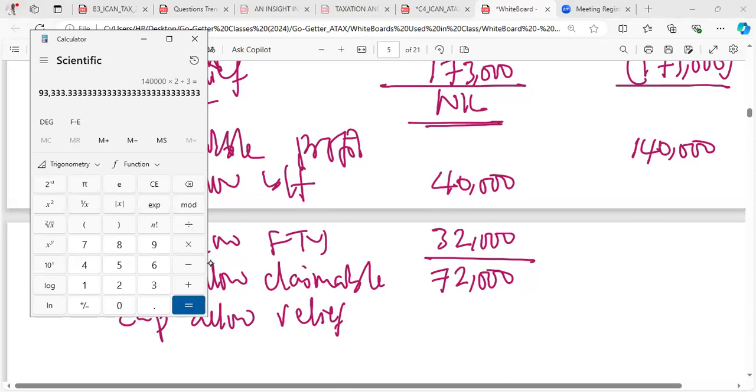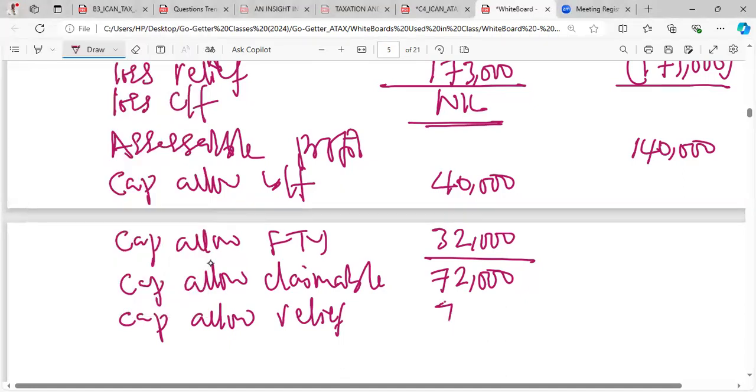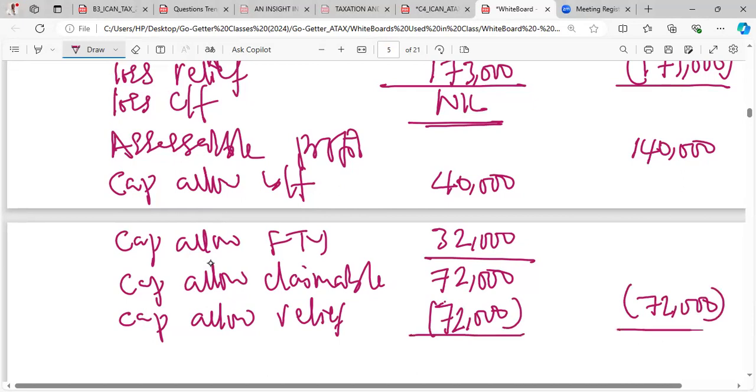So we'll take the whole of the 72,000. So 72,000 can be relieved. In capital allowance, we put brackets in both of them. So now capital allowance carried forward is nil.